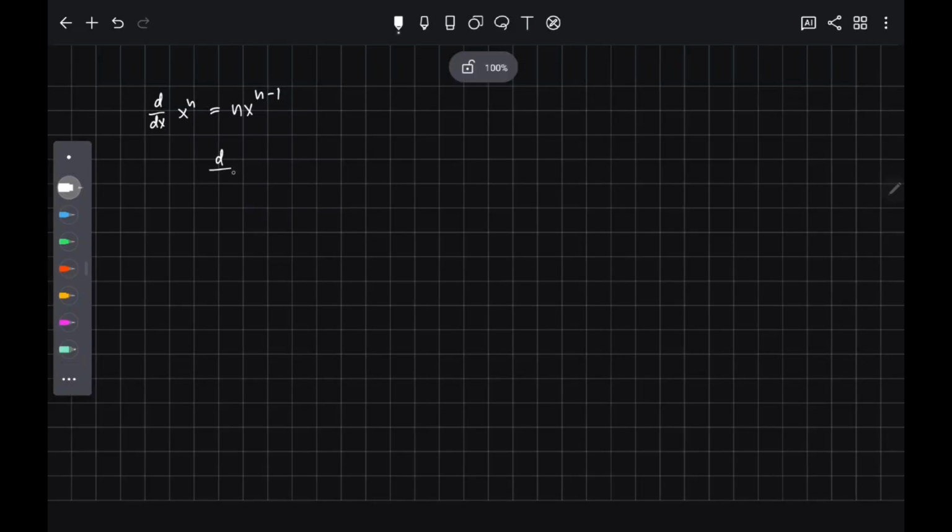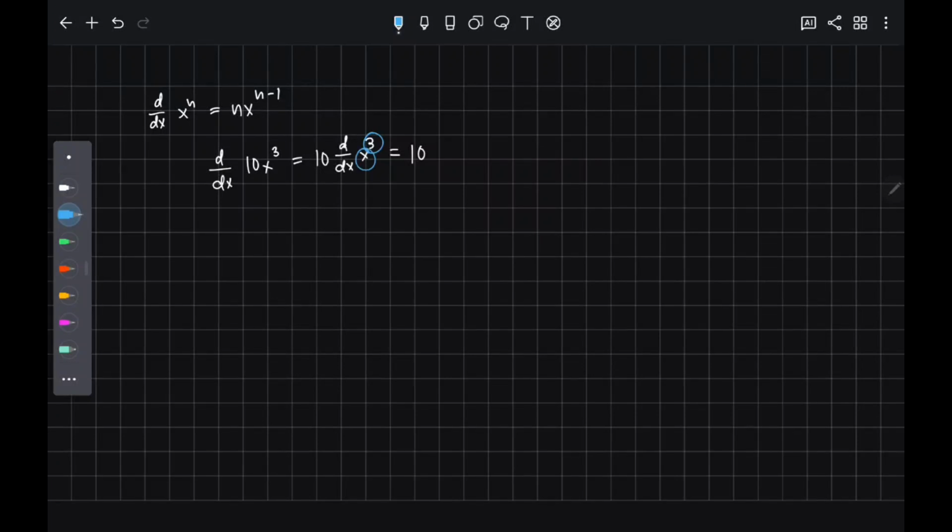Let's have the derivative of 10x cubed. Using the rules of derivatives, we know that this is just 10 times the derivative of x cubed. So let us differentiate x cubed using the power rule. First, we have 3 as our n, that's the derivative of x raised to n.